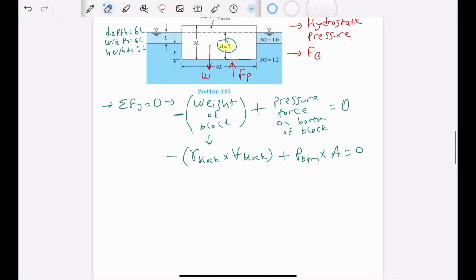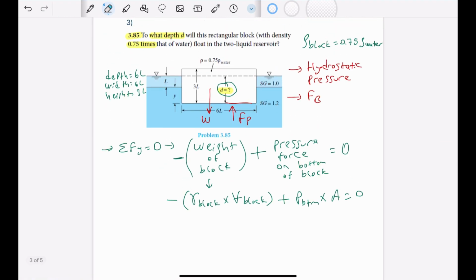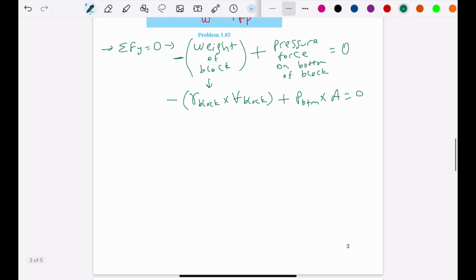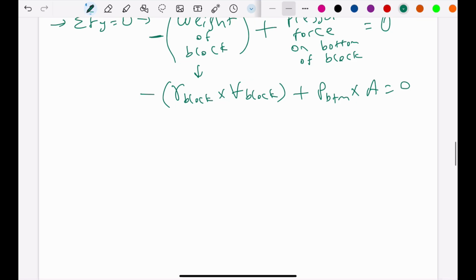So since the density of this block is 0.75 times that of water, we can also use the same ratio for specific weight.